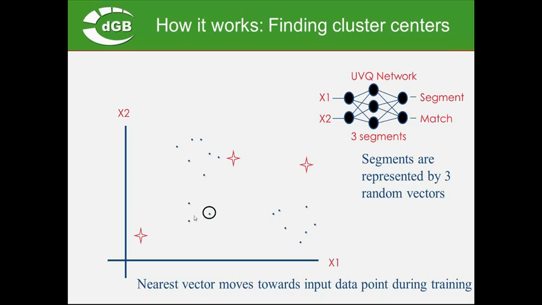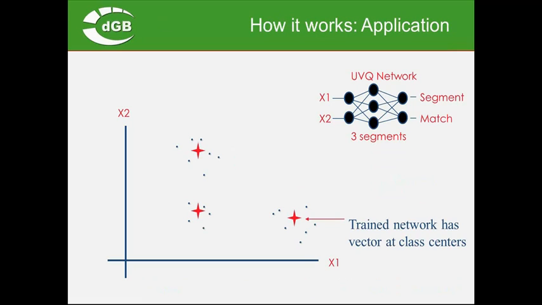So it will find the closest by calculating the Euclidean distance, and this one is much closer, and it's moved a little bit. Same thing from here. So we do that for all the data points. The data points are visited multiple times, and at the end we will have something like that. At the end, the clusters are finally placed in the center.